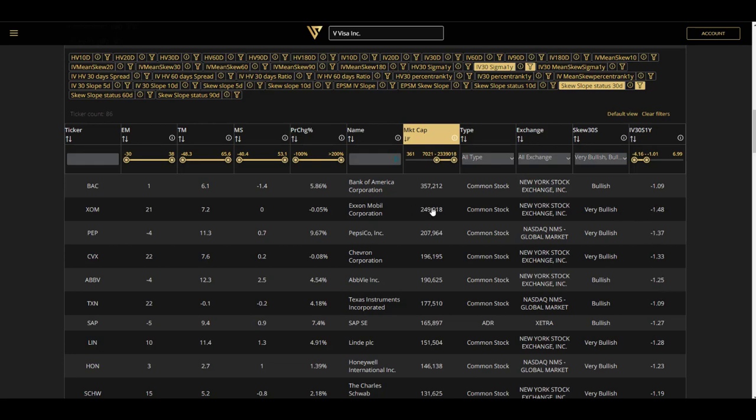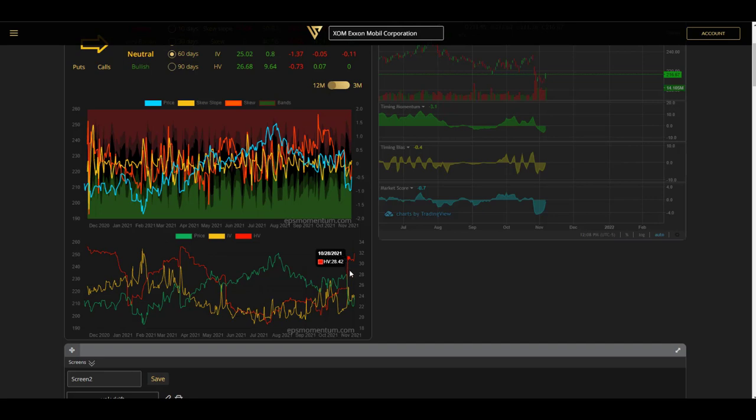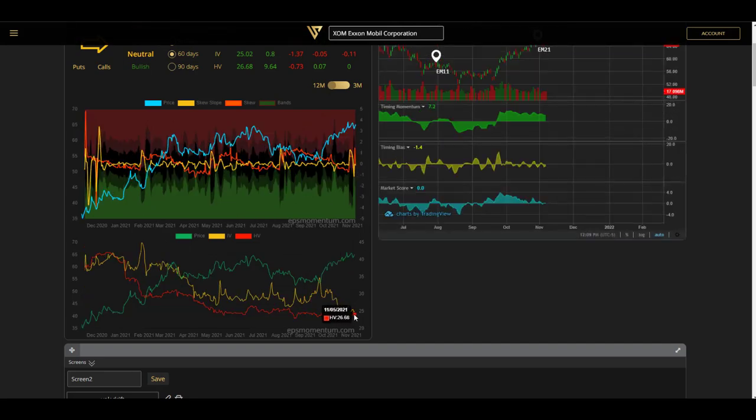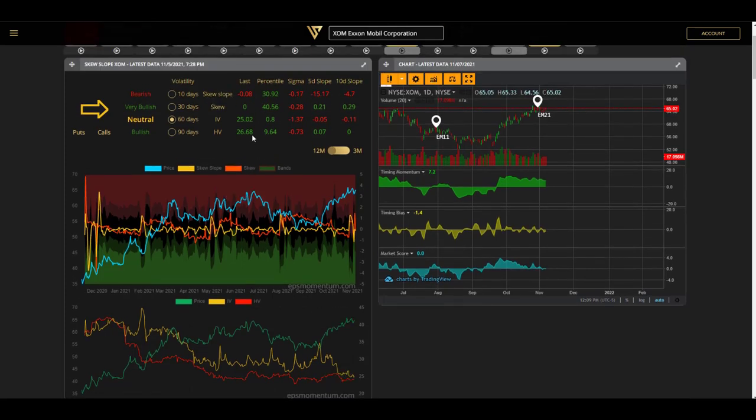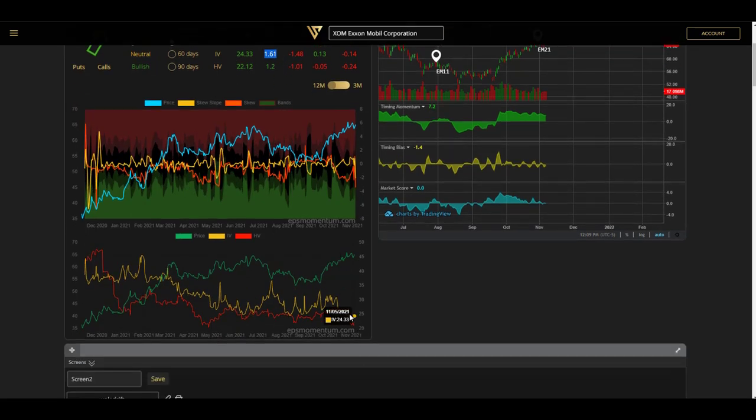Let's say this one, ExxonMobil, minus 1.48, okay? And look at that. The implied volatility is at the lowest. How low? We picked the 30-day, so it's in the 1.61 percentile. So it's the lowest ever in the last year, almost, okay?